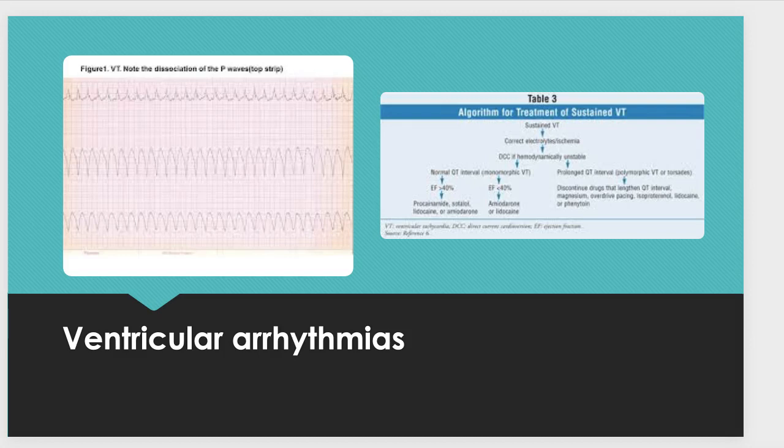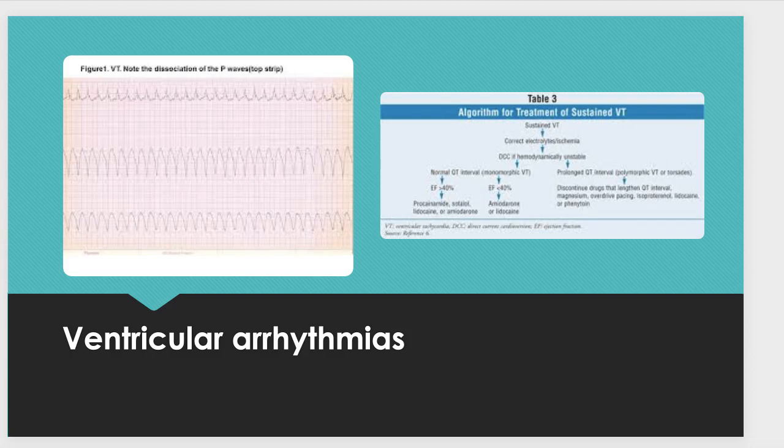Other heart arrhythmias that we are concerned about, one of the most concerning is ventricular arrhythmias. Again, these can happen. I always tell patients that it's because they have a short circuit within the bottom part of the heart, or within the ventricle.